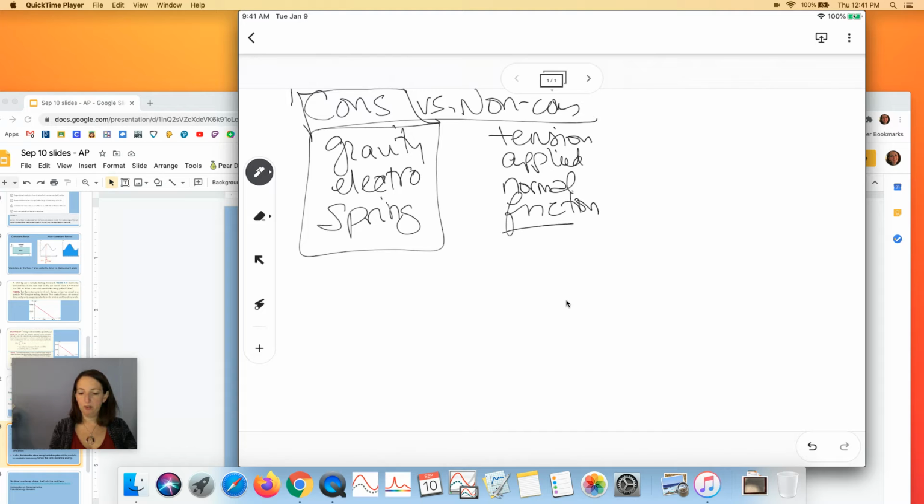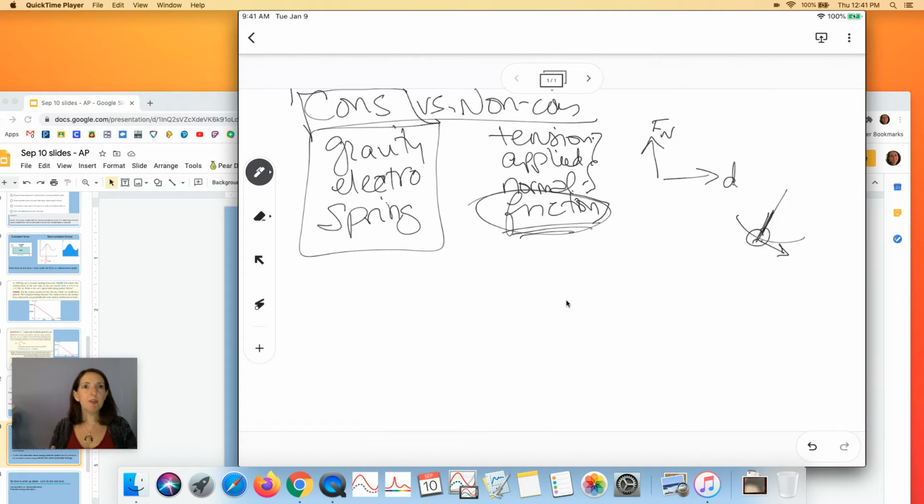Friction is, of course, a big one. That's usually because a lot of times these don't do work, just because of the way they're structured. Like if you've got a normal force but the motion is going this way, you get no work. That tends to happen in a centripetal situation, like Tarzan. The tension does no work because the displacement is perpendicular to the force. But friction is one that we use a lot when we think about non-conservative forces.